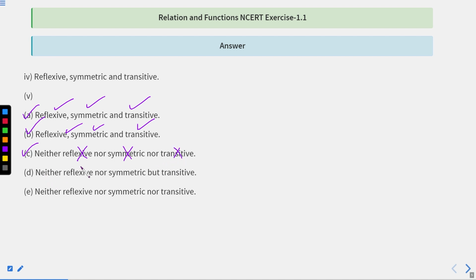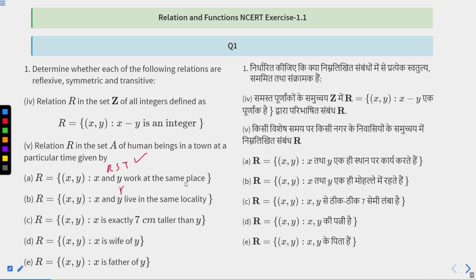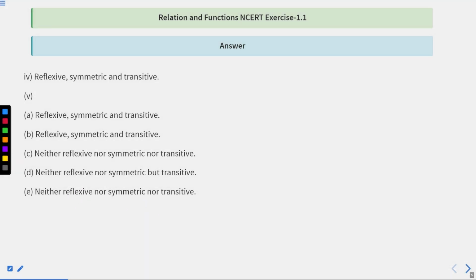In the D part, it was not reflexive and not symmetric, but transitivity was there, because the condition of the transitive relation was half satisfied. And for the E part, reflexivity was not there, neither symmetry nor transitivity.